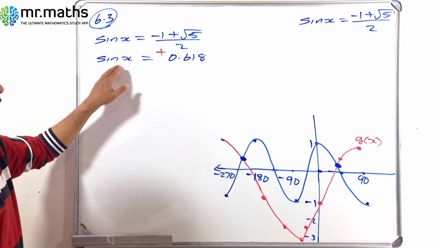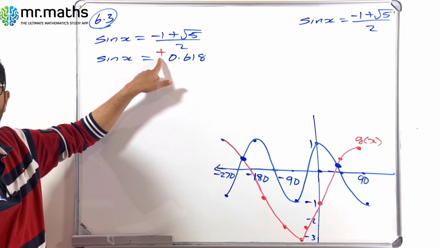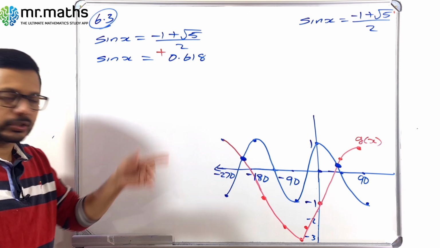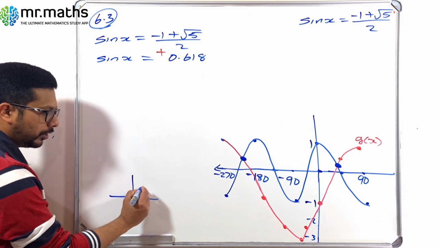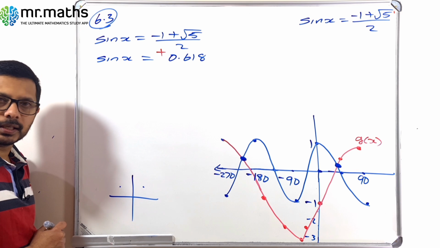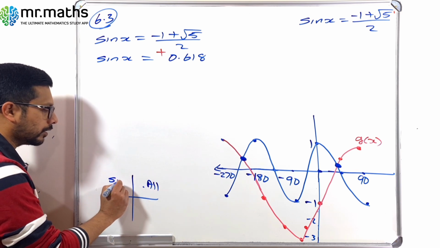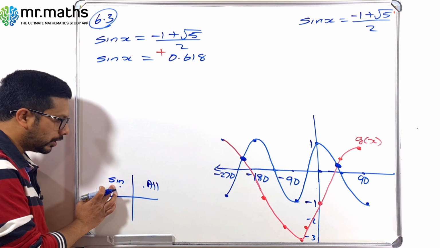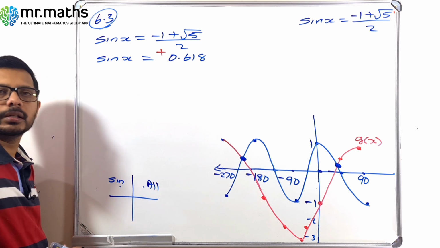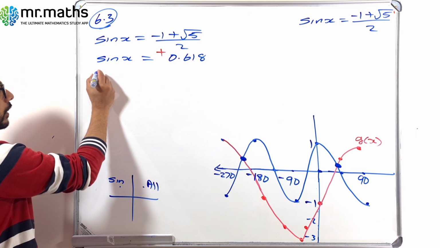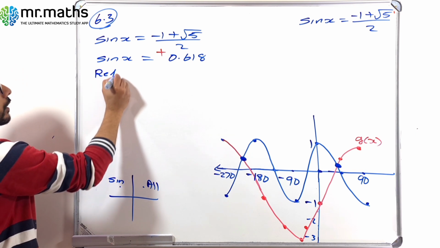So sin is equal to positive. Sin is positive in which quadrants? Sin is positive in the first quadrant and the second quadrant. Here all are positive and here sin is positive. That means sin is positive in the first and second quadrant. Anyway, what is the reference angle?